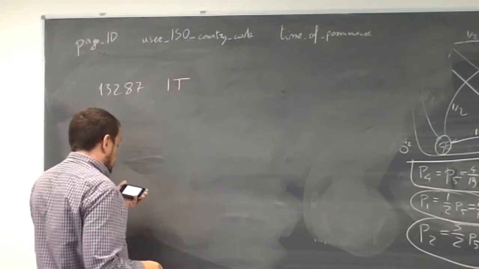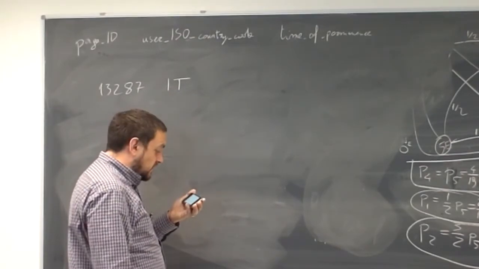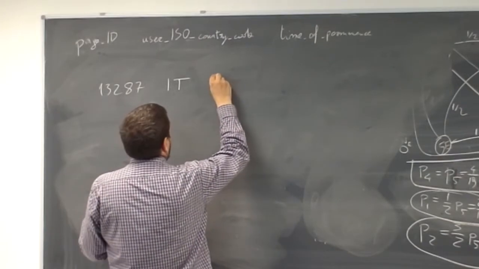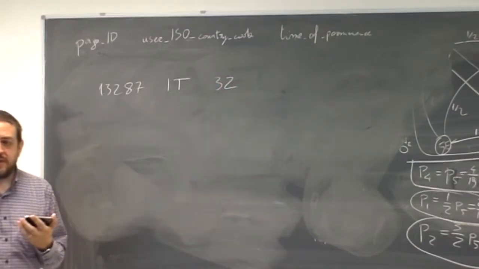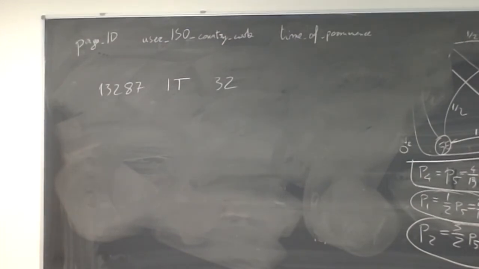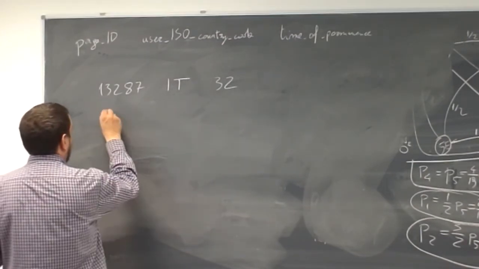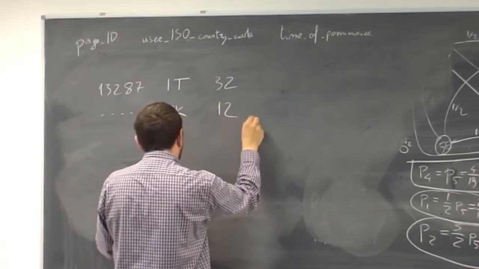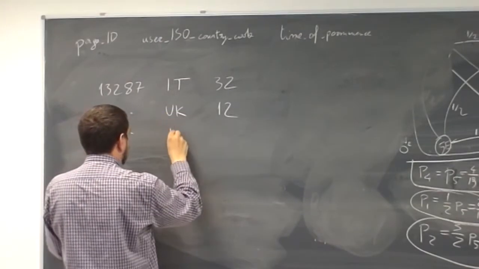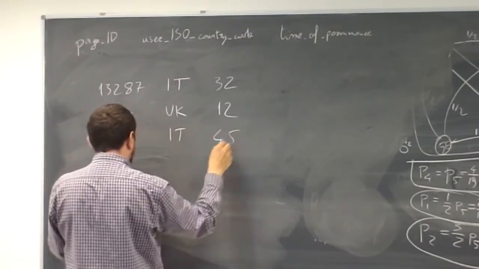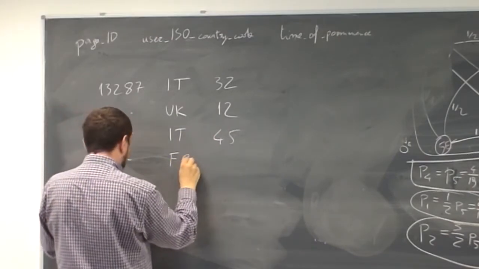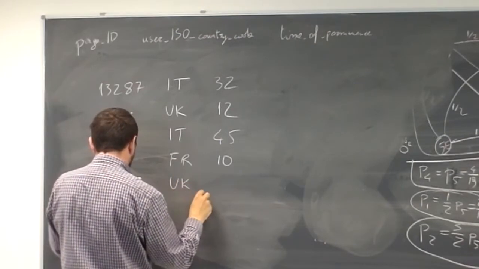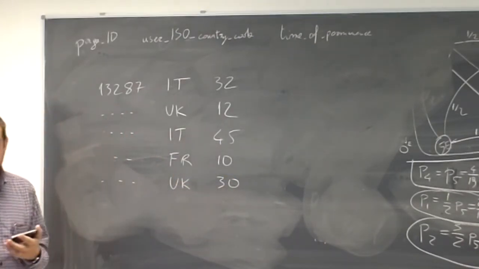The country code, for example IT, means that the user came from Italy, and the page remained in the web browser for 32 seconds. Another random code, UK, 12 seconds. Another random code, IT, 45. Another, FR 10. Another code, UK 30. And so on.